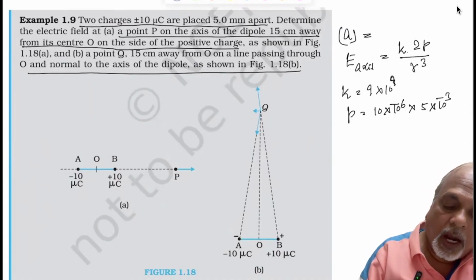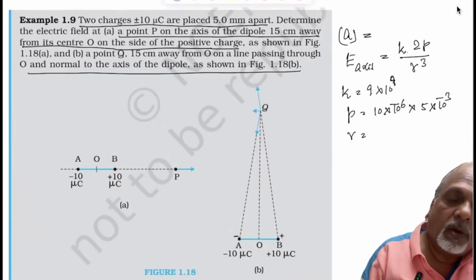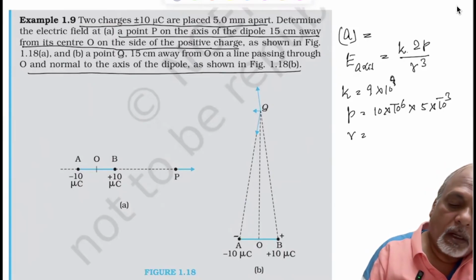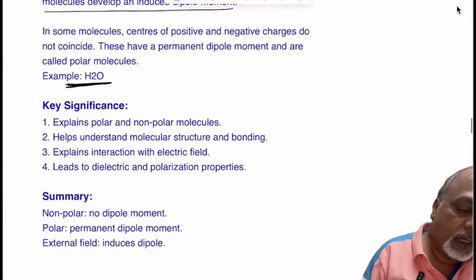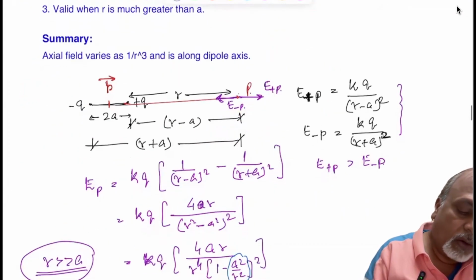you have to put. And what is the value of R? R is given 15 centimeter away from the center. So R is from the center only. Correct? I think we have put from the center. Let us just check when we derive the formula. No, R is here from the center.